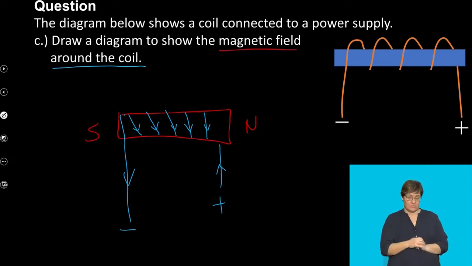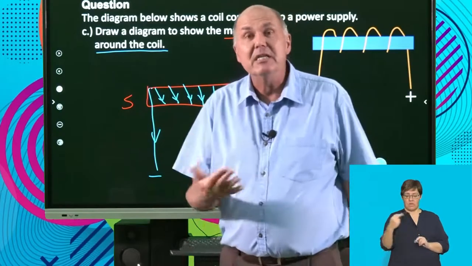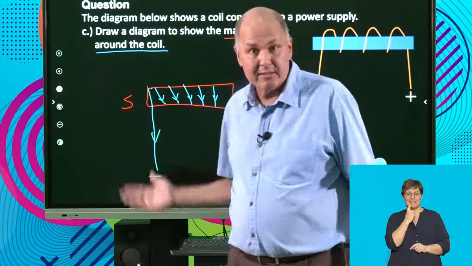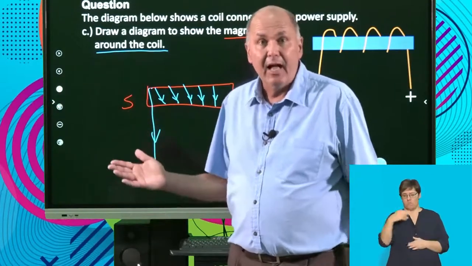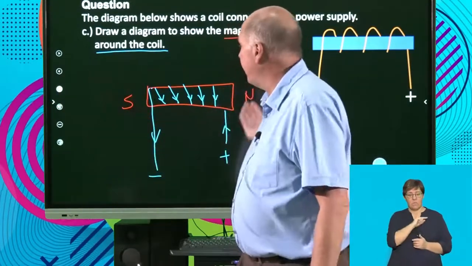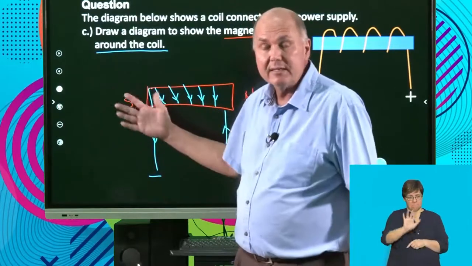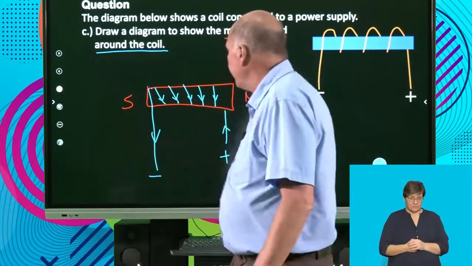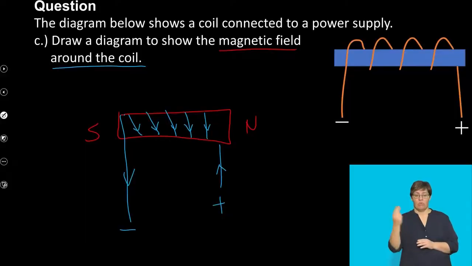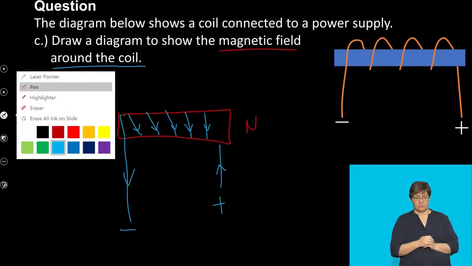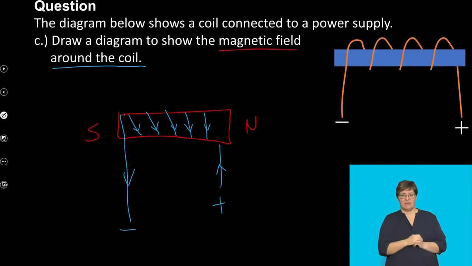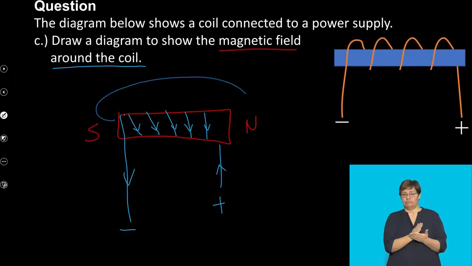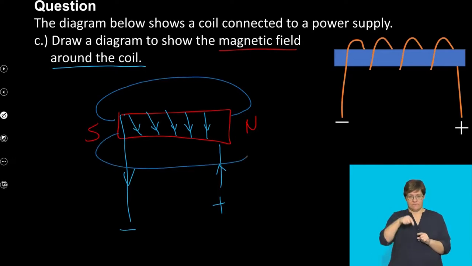Now, the magnetic field lies in 3 dimensions, but it's much easier if we just draw it as a flat plane, okay? Because it's in the same plane as the wires as well as the coil. So we're going to draw that, and I'm going to just choose a slightly different color here and make sure that we've got those field line patterns being out at the North Pole and in at the south.